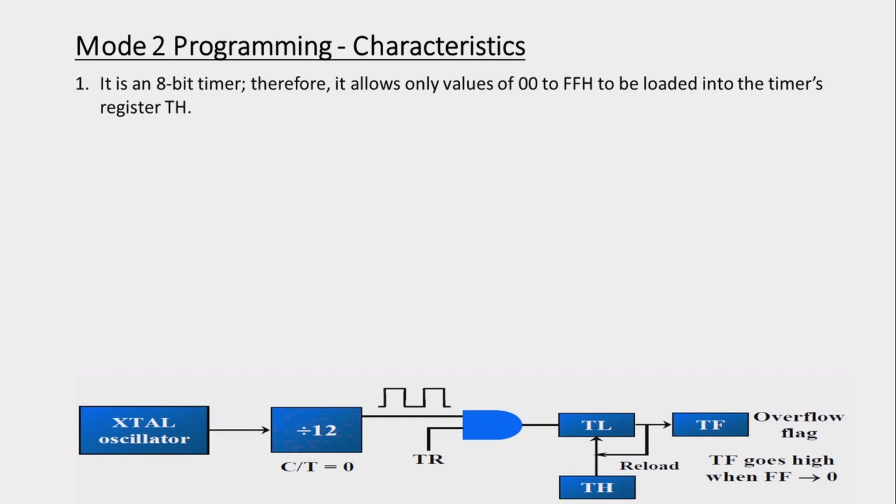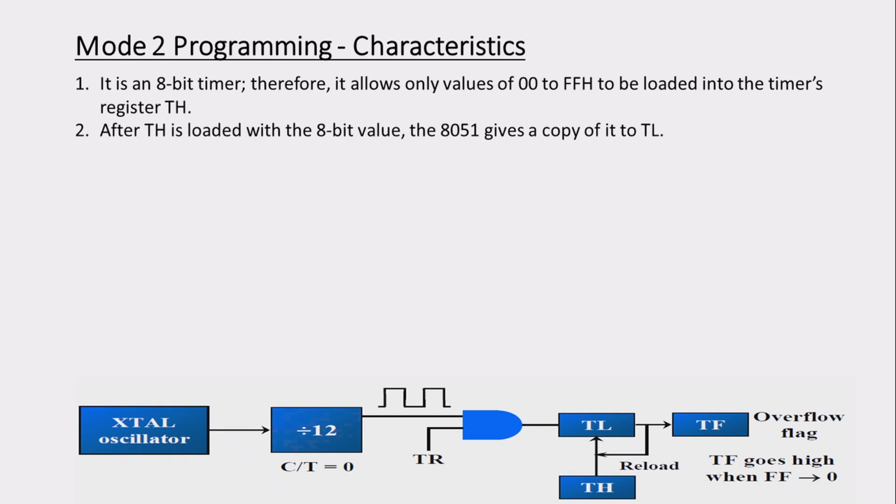But mode 2 programming is an 8-bit timer. Even though we have two different registers for the lower and higher byte, we will see in the further steps how we load the values. Since it is an 8-bit timer, the value we can load varies from 00 hexa to FF hexa.